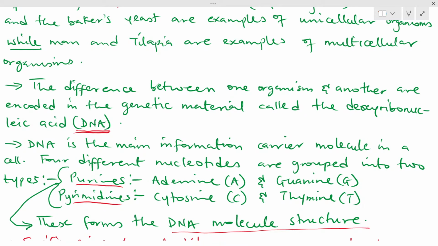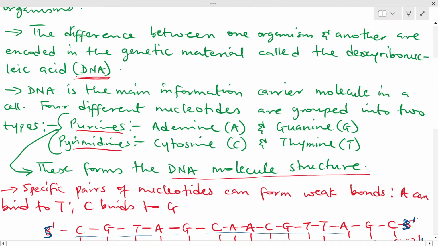We have 4 different nucleotides that are grouped into 2 types. Basically, we have the purines and the pyrimidines. In looking at the purines, we have adenine and guanine as the nucleotide bases associated with the purines, while for the pyrimidines, we have cytosine and thymine.